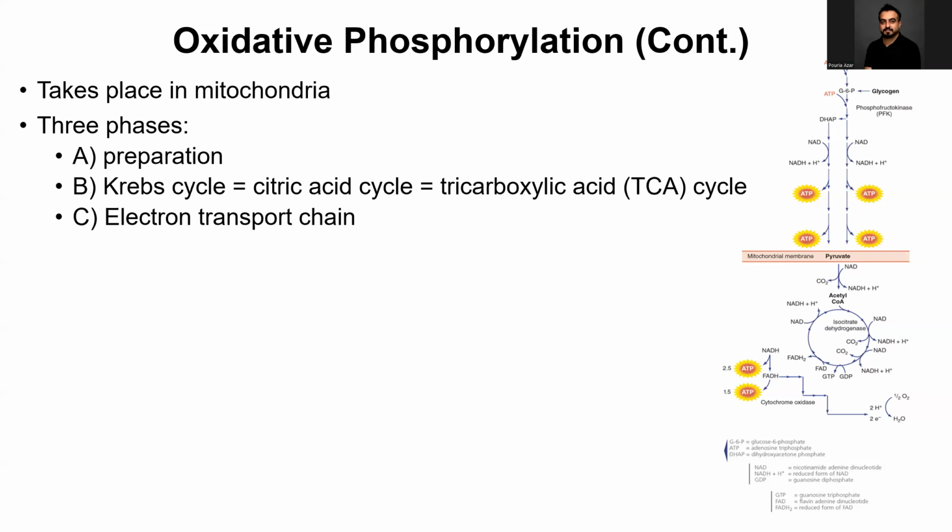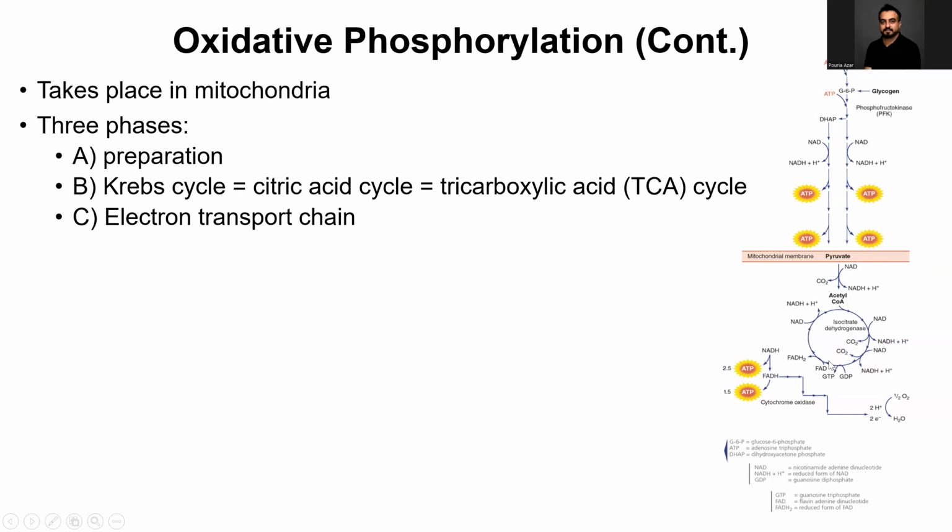And we have three phases of oxidative phosphorylation. The first phase is preparation. The preparation of macronutrients like glycogen or starch or glucose, or preparation of fatty acids or triglycerides, preparation of proteins, amino acids. That's the first phase of oxidative phosphorylation. The second phase is called the Krebs cycle. This cycle on the right side, you see, is called the Krebs cycle.